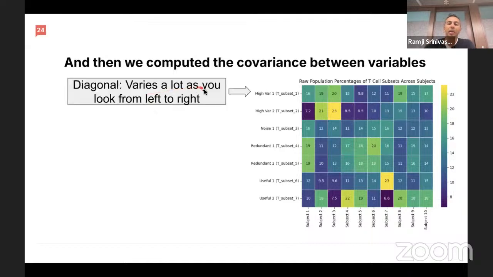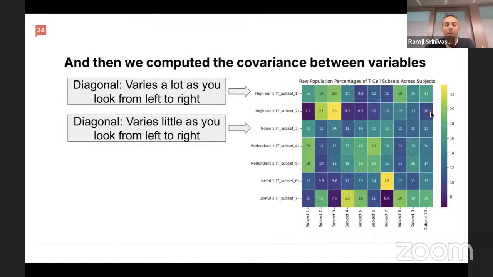If you take a sample over here, like high variance T cell subset 1, this varies a lot as you look from left to right. So you go from subject 1 to subject 10, this is going up and down quite a bit. Same with this subset as well. This noise subset that we've labeled isn't changing that much. So as you go from left to right, it varies very little.